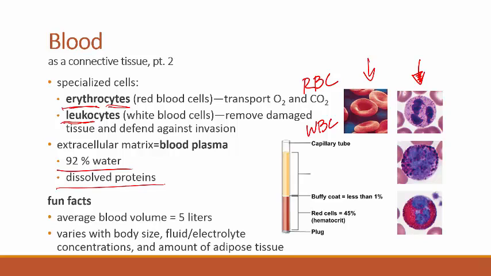And then more adipose tissue equals more blood, because adipose tissue requires lots and lots of blood supply, and so as you're increasing the capillaries serving adipose tissue, then you're certainly going to increase the blood volume.